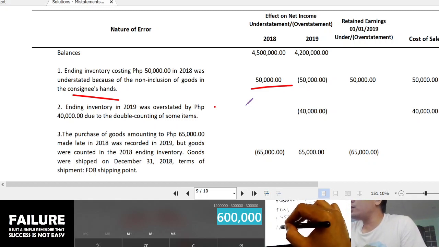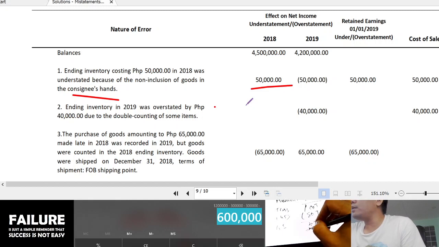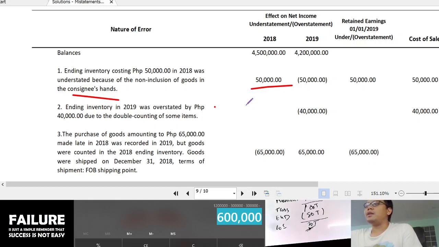So we have a correct cost of sales of 20,000, di ba?